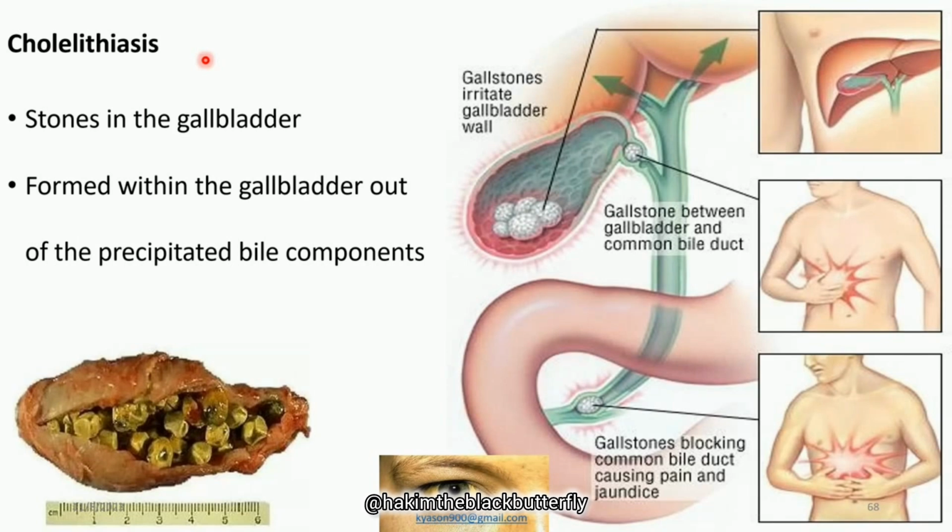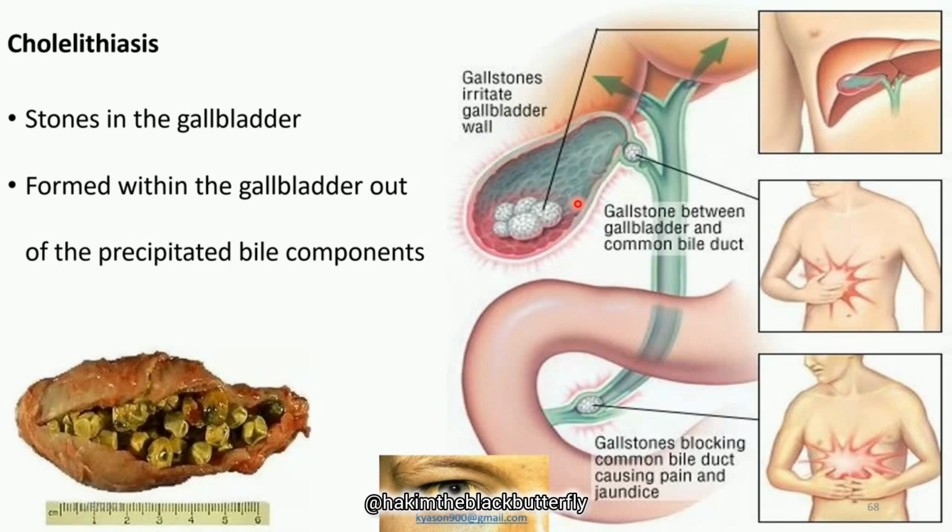So these stones are going to accumulate in the gallbladder and irritate the wall. Once the wall is irritated, it can easily lead to inflammation of the gallbladder wall, resulting in what we call cholecystitis. So cholelithiasis can lead to cholecystitis.